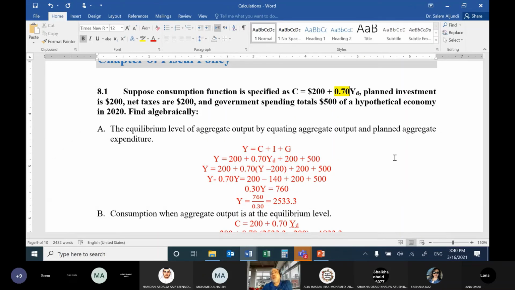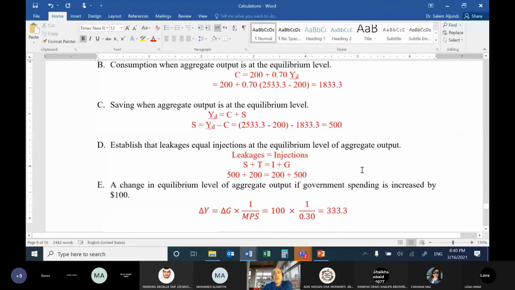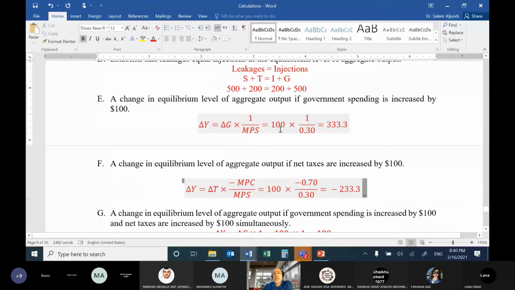The equivalency to 1, or 1 minus dot 7 equals dot 3, is the marginal propensity to save. So marginal propensity to save is dot 3. So use your calculator and find the result. So if the government spending increased by 100, aggregate output will increase by more than 300. So please in the exam write the formula.